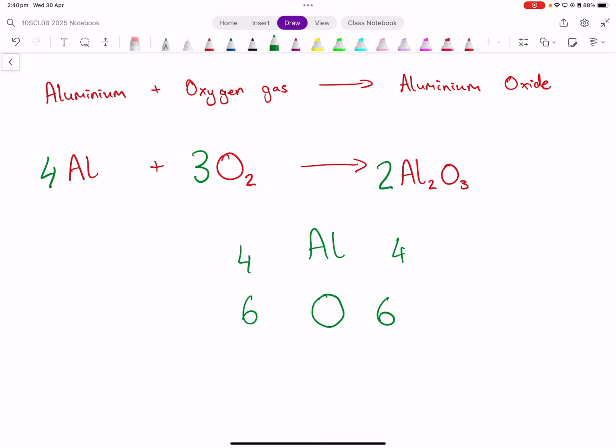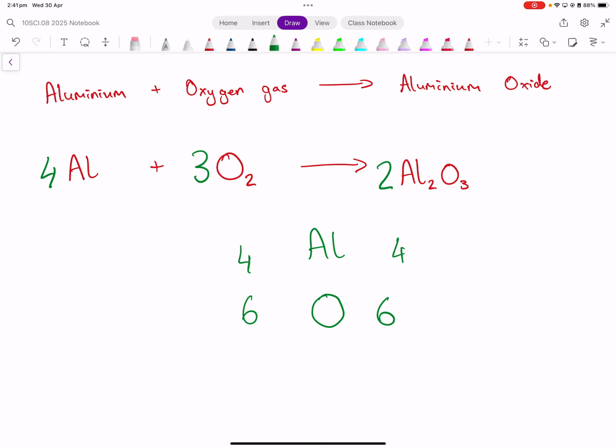So what we're going to be working on and what I want to see when we're working through these examples are the following key things. Number 1, I want to see you start by writing out the word equation. I then want to see you convert it into a regular chemical equation. And then you're going to balance it.